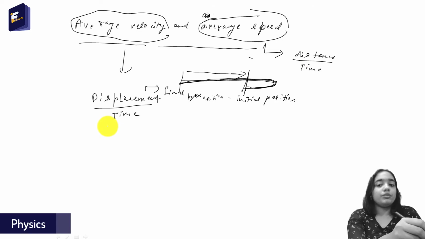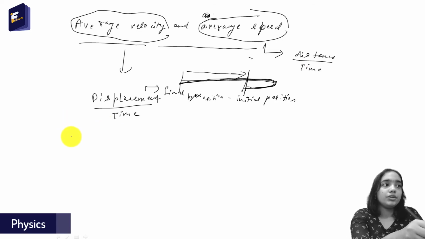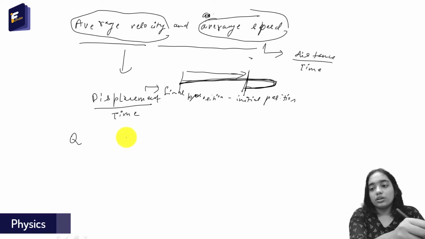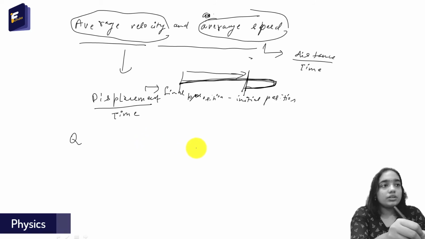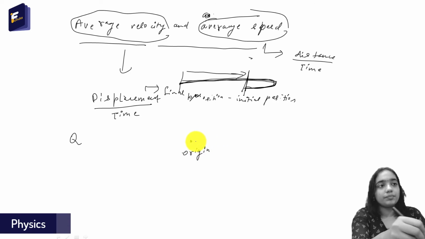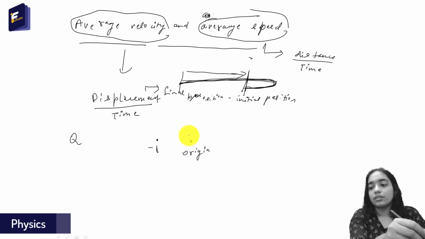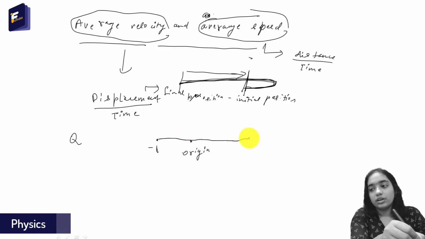So now to be very clear about it, we will do a problem. Imagine that this is the origin. A particle was at x equal to -1. It traveled straight to x equal to 4. This is 4 meter.